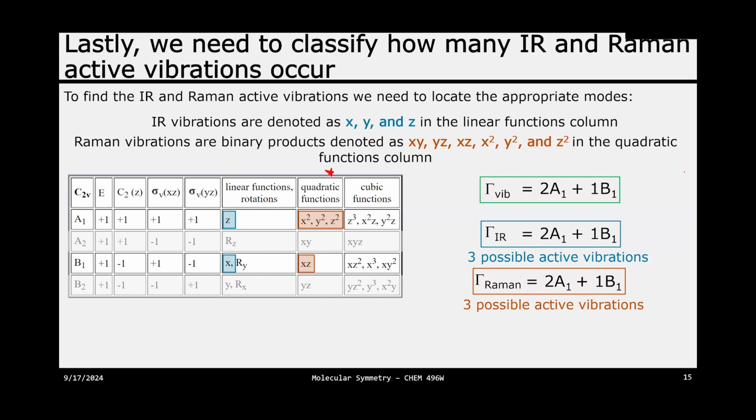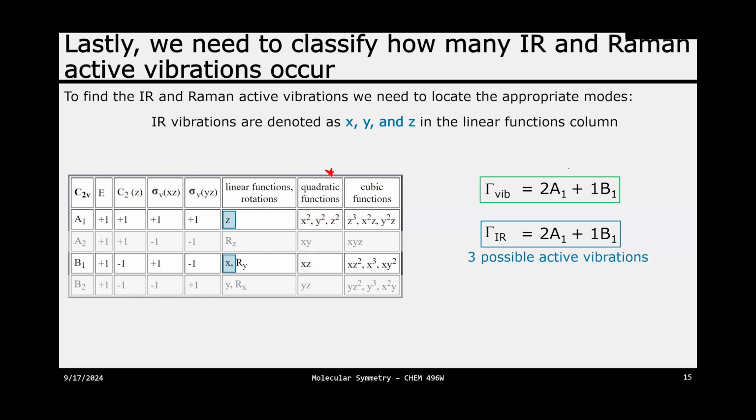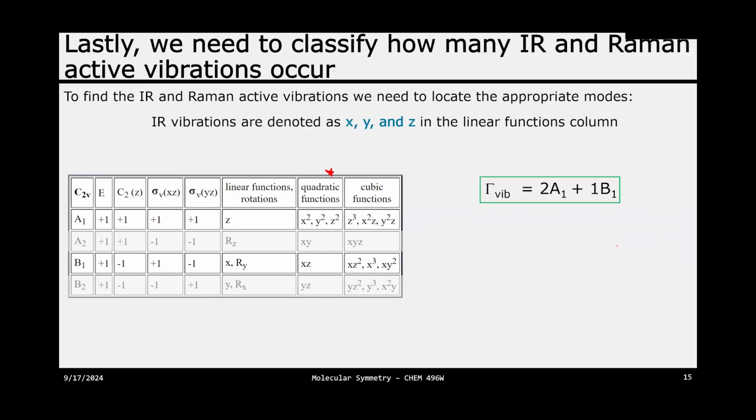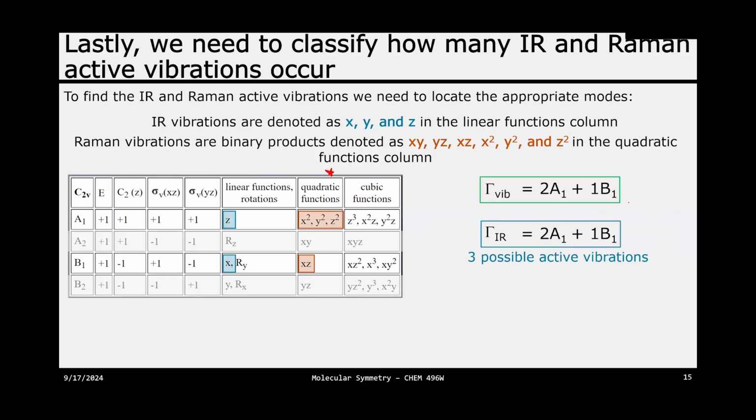Are there any questions? So it doesn't matter how many binary products or linear functions there are. The only time that we care how many is when we're calculating, go back here, because then we're subtracting based off that. But once we're here, it's just telling us this is an IR active mode and this is an IR active mode. That's all. And it's going to be based off our vibrational representation.